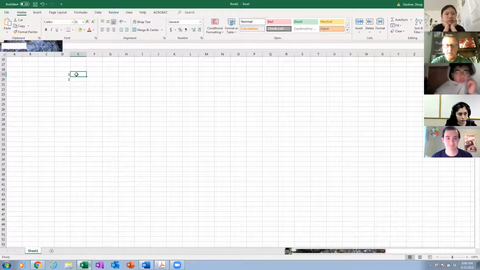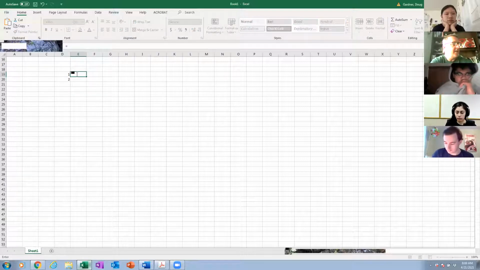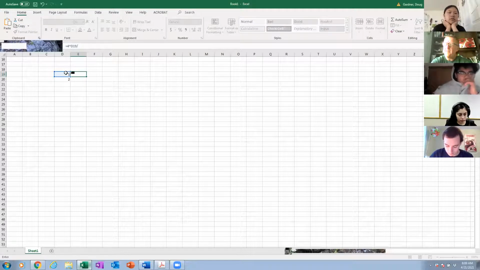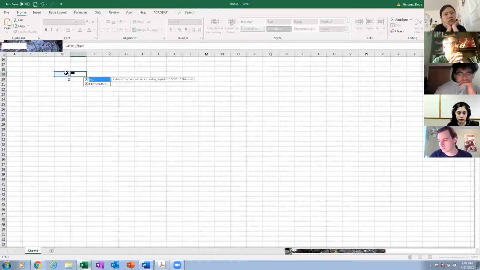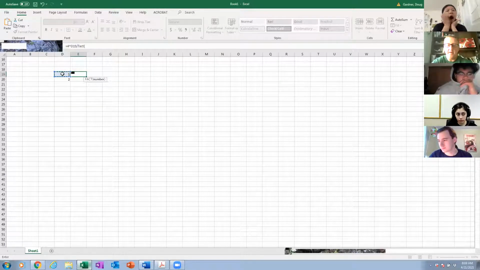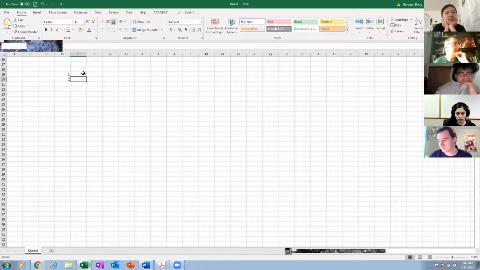So this cell will equal 4 raised to the k divided by, how do you get factorial in Excel? Unfortunately, I think I showed you this once before. You actually have to type the word fact. Notice it even says right there, returns the factorial of a number. So an exclamation point in Excel, that thinks that's English, like everybody else in the world. So factorial of that cell over there. And so boom.